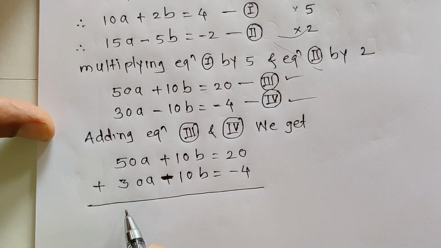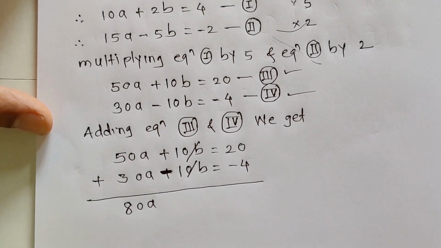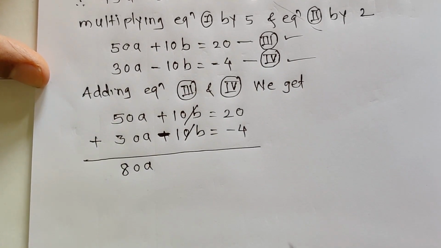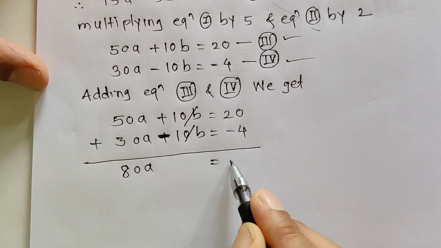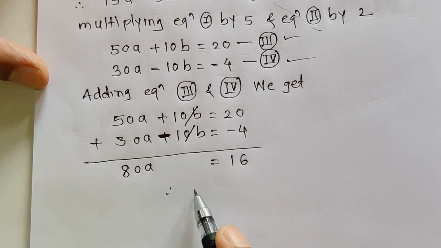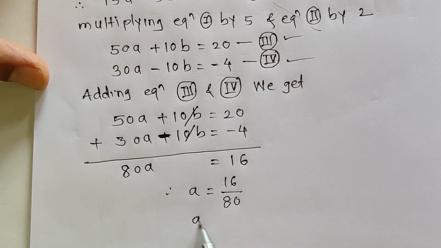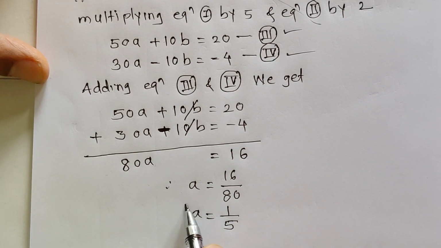While adding, 50 plus 30, here it is 80a. This plus 10b minus 10b get cancelled. So here b is eliminated, is equal to 16. So we get a is equal to 16 divided by 80, means a is equal to 1 upon 5. So in this way we get the value of a.